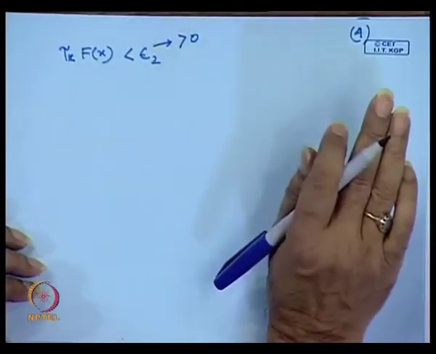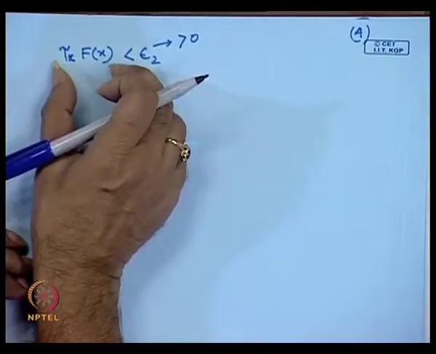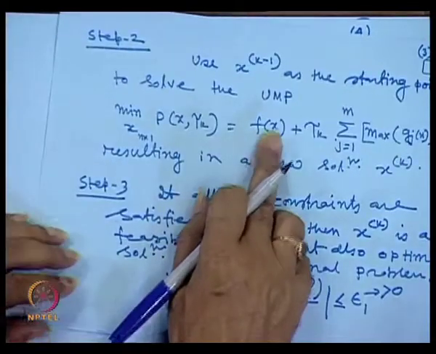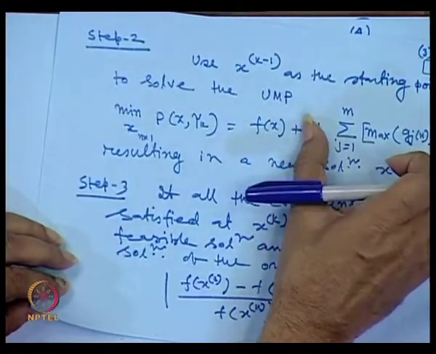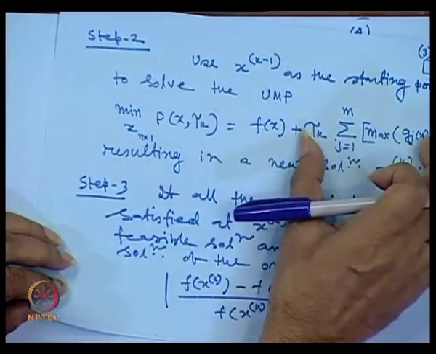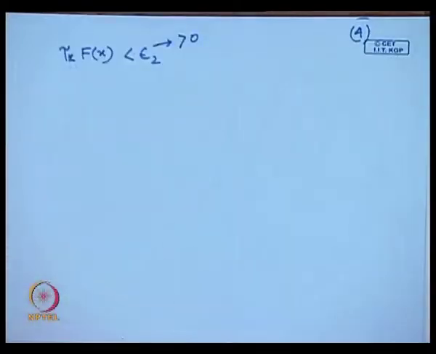That means you have reached the optimal solution. The whole thing is very small, and it is adding with the f x penalty function, so f x plus a very small quantity. So, we have reached the optimum value of the function.